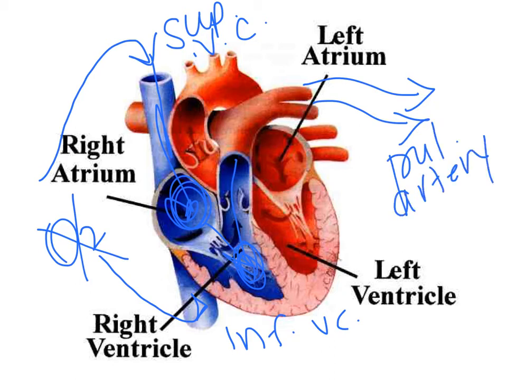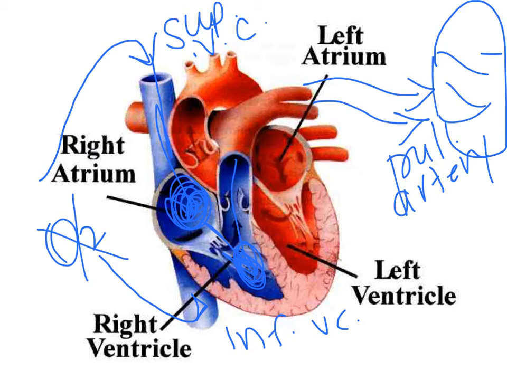Remember, arteries carry blood away, and they all carry oxygen-rich blood except the pulmonary artery, okay? So it's blue, it's tired, comes in the right atrium, right ventricle. This right ventricle gives it a nice good shove out the pulmonary artery and to the lungs.